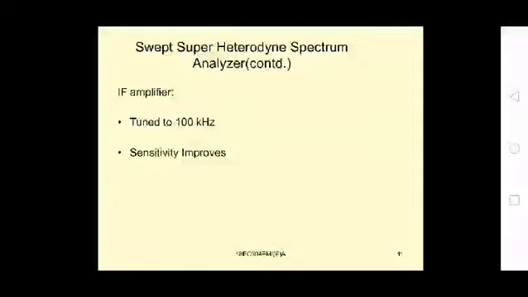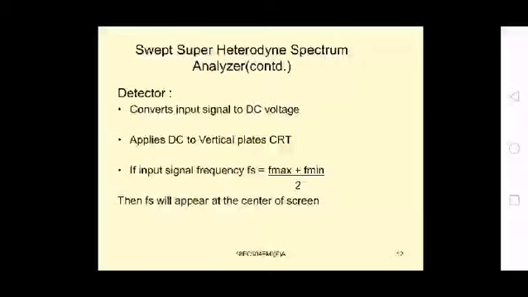Whenever both the input section and the voltage tunable oscillator frequency beat together, it provides the intermediate frequency, which is tuned to 100 kilohertz. By that, sensitivity will be improved, and it is further amplified and given to the detector, which converts the IF amplifier output to a DC voltage and applies this DC voltage to the vertical plates of your cathode ray tube.